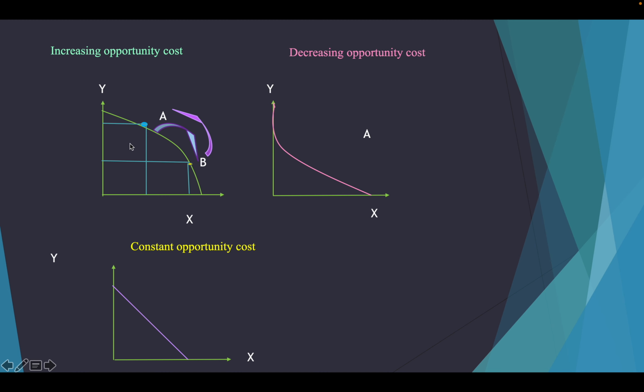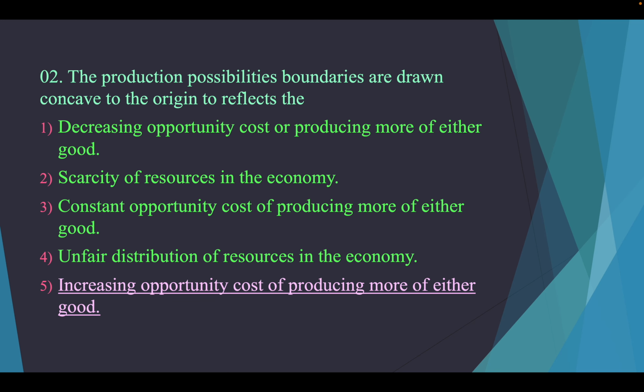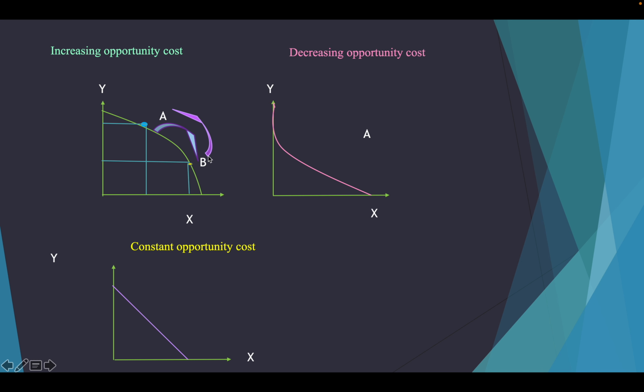Okay, and the important part I have to say is this is your origin, that means 0. This curve is concave to the origin. So here the answer is increasing opportunity cost of producing more of either good. That is the PPC curve concave to the origin, increasing opportunity cost.